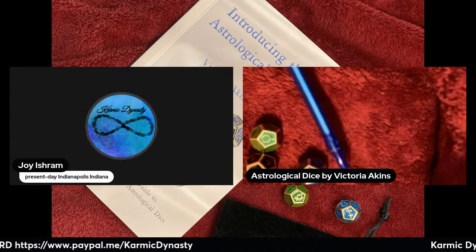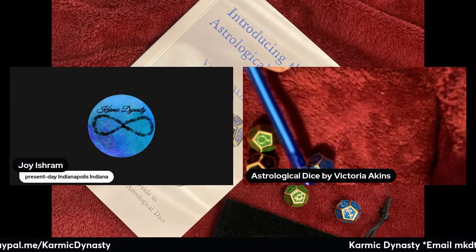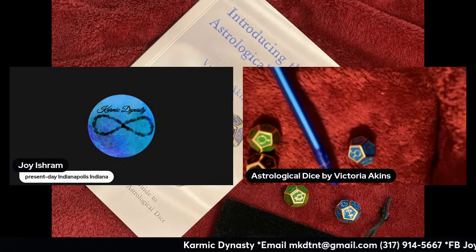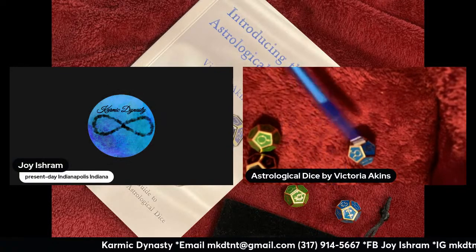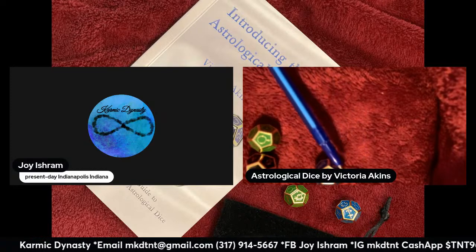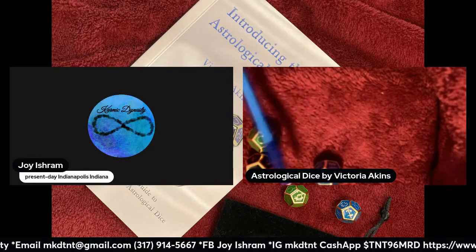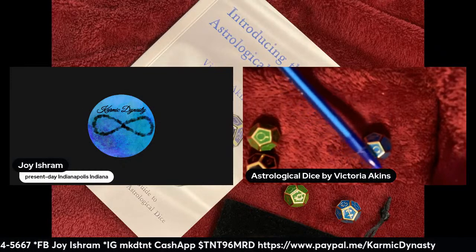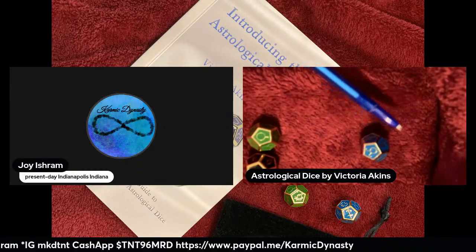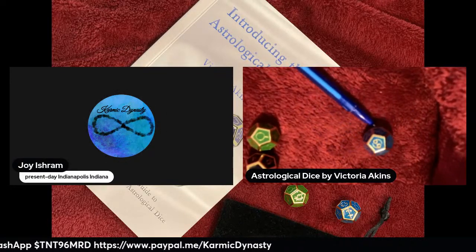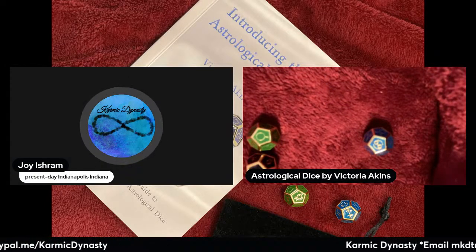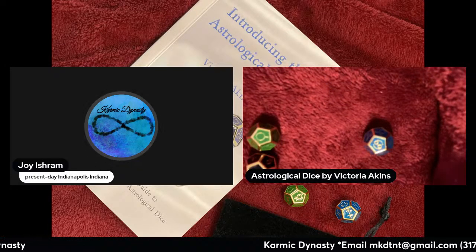Okay, we have Pisces, Taurus. So 12 signs. All 12 signs are on each one of the blue dice.